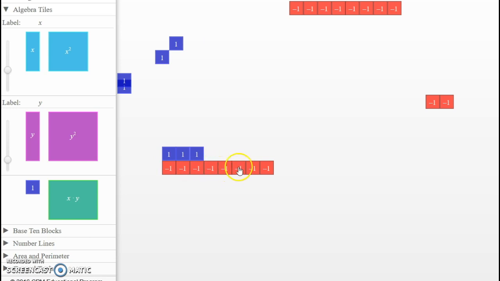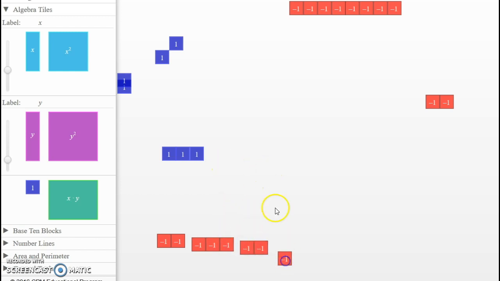So here we started with negative 5. I need to take away negative 8, but I only had 5 to take away, so we needed to add 3 more so that I would have 8 to take away. So if I take away a negative 8, I see I'm left with positive 3.